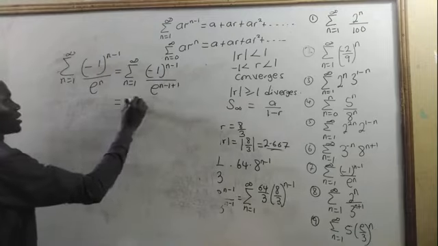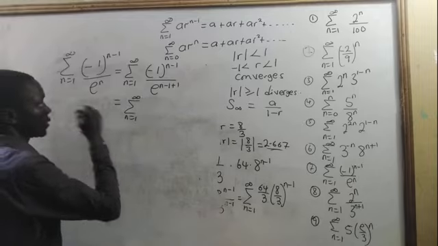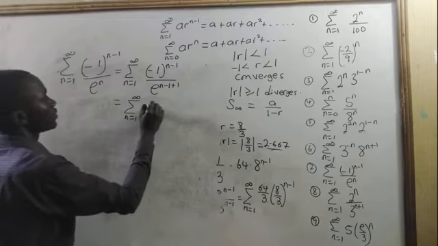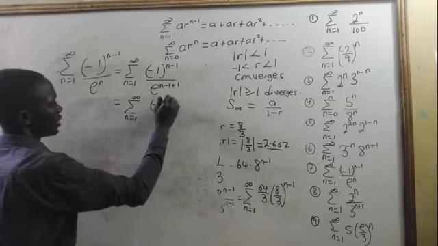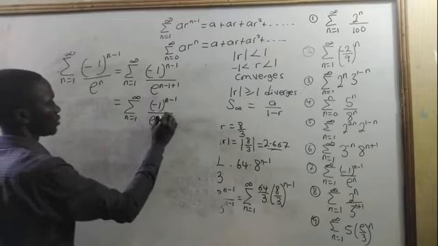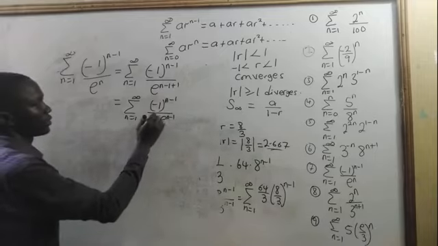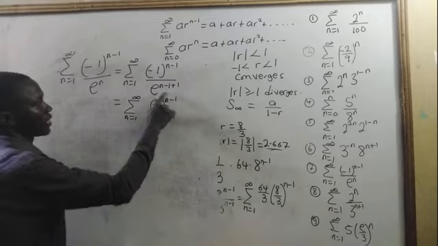So this is the same as the summation from n equal to 1 up to infinity. We are going to have negative 1 to the power n minus 1, all divided by e times e to the power n minus 1. This is e to the power 1. So 1 plus this, we come back to here.